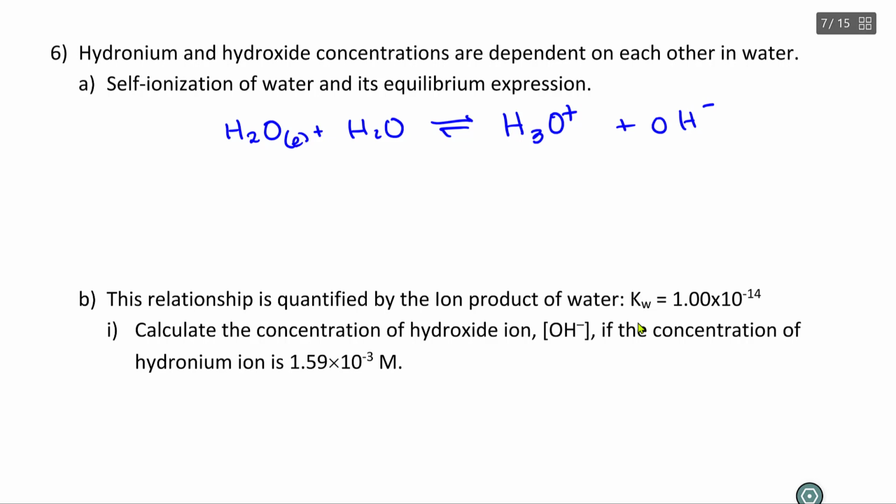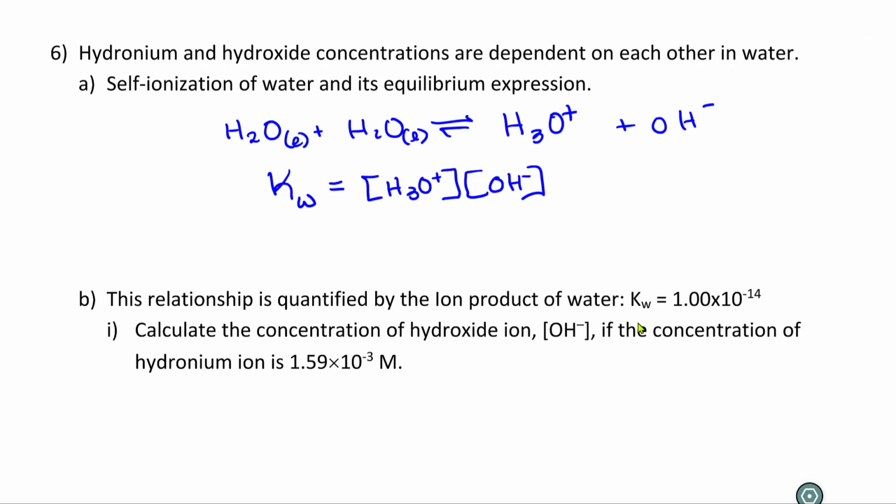Now this is pure liquid, and those are not included in equilibrium constants. So I can write the equilibrium constant expression for this as K is equal to the concentration of hydronium times the concentration of hydroxide. Because this is for water, it has a very special subscript just to designate it.